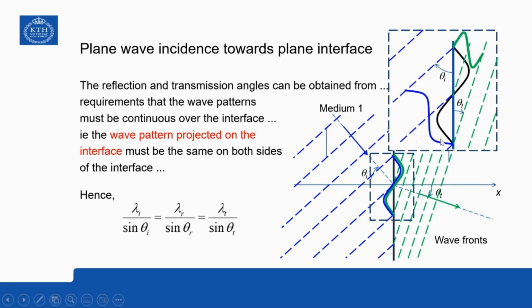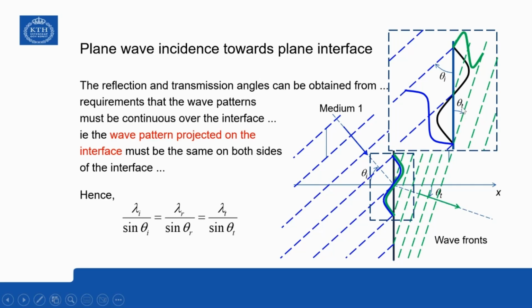So here is a wavelength on the medium 1 side. If you project that to the interface, you get this distance here. And here is a wavelength on the transmission side. And if you project that on the interface, you get this, which must be the same distance as for the medium 1 side. And as you can see here, the incidence angle and transmission angle are involved here.